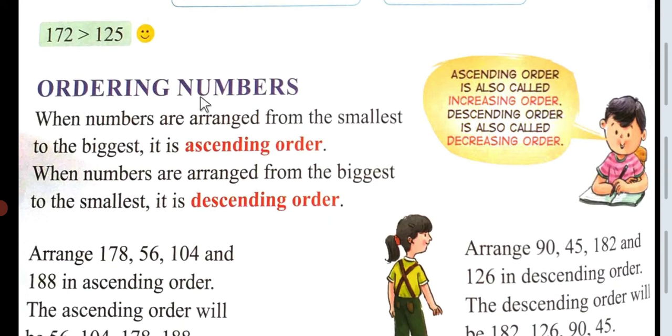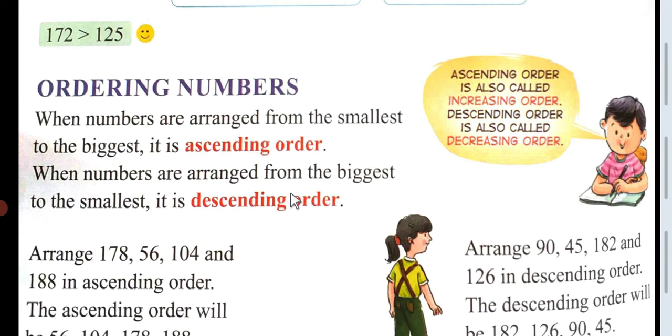Now come to ordering numbers. When numbers are arranged from the smallest to the biggest, it is ascending order. Always remember, students, from smallest to biggest is ascending order, and when the numbers are arranged from biggest to smallest it is descending order.